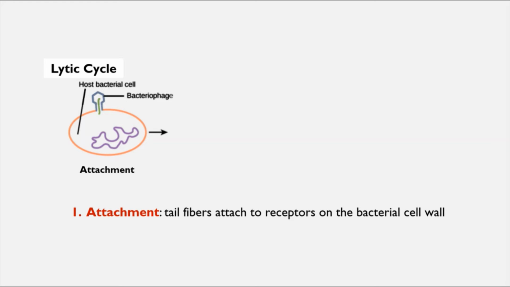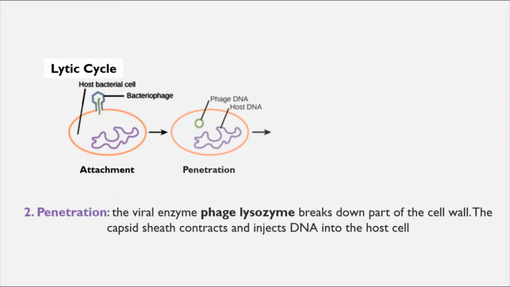After that comes penetration, wherein the viral enzyme phage lysozyme breaks down part of the cell wall, and then the sheath of the capsid contracts, kind of like a hypodermic needle, and it injects the DNA into the host cell. The capsid remains external to the host cell. So the capsid does not enter, rather it simply injects its DNA into the inside of the host cell. So after this step, all we have is viral DNA inside of the host cell.